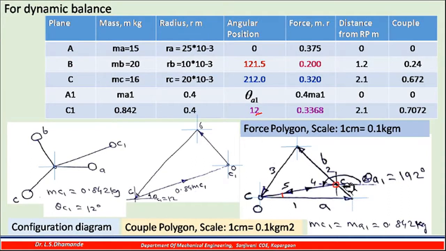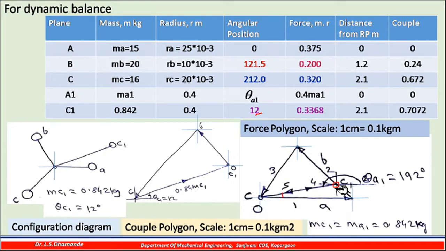Now I want this polygon closed, so from this point I have to go to the starting point, which was O. The line will be on the same line as the line that has come from C to C1, that was line 4. Now from C1 again it will go to O, so that is line 5.